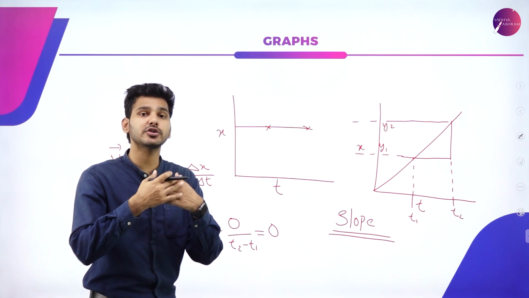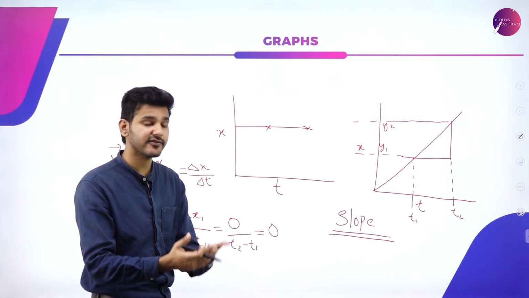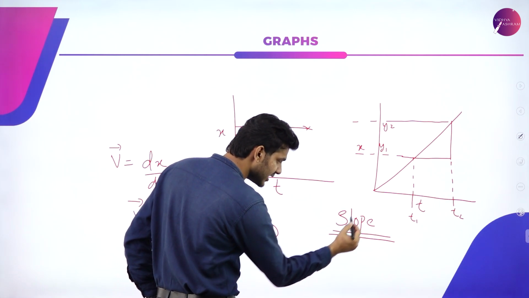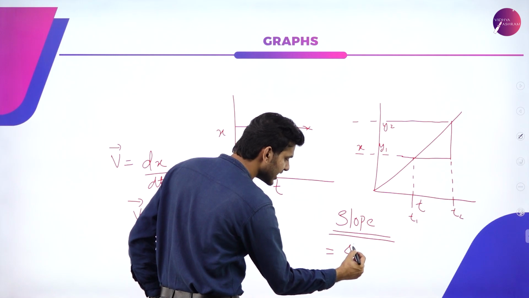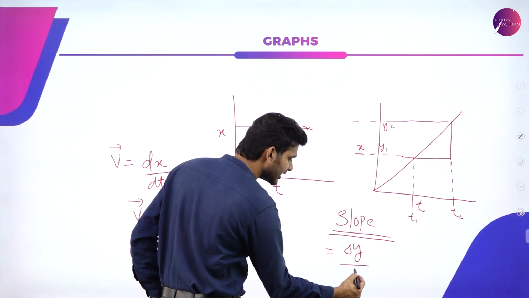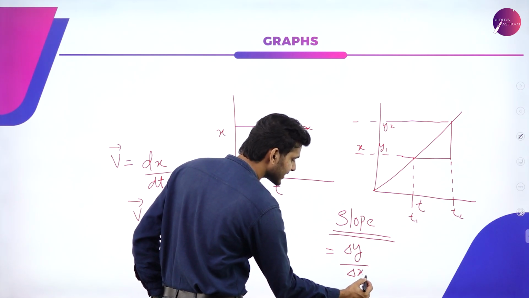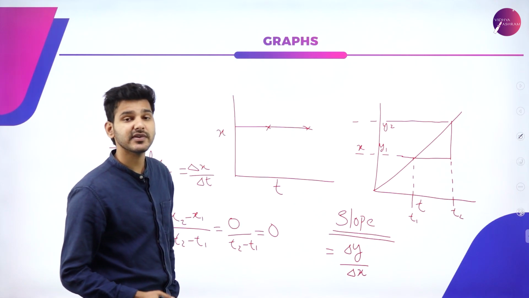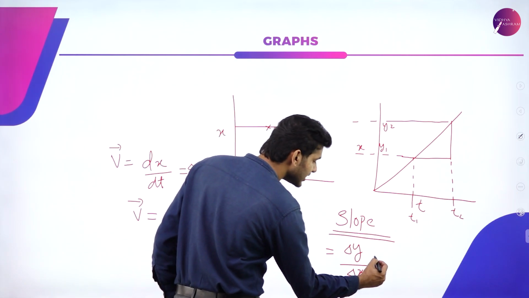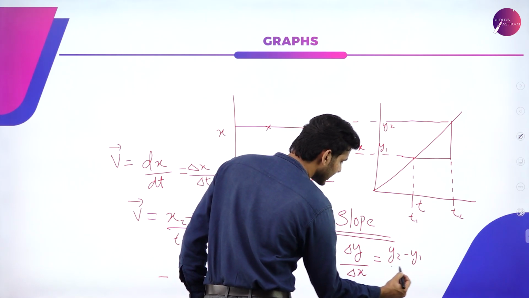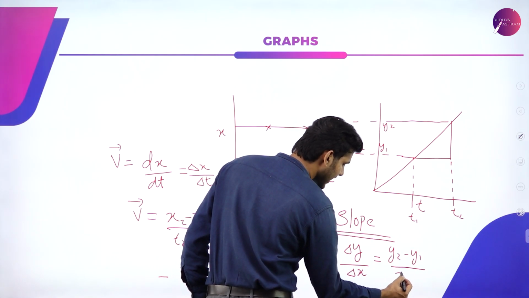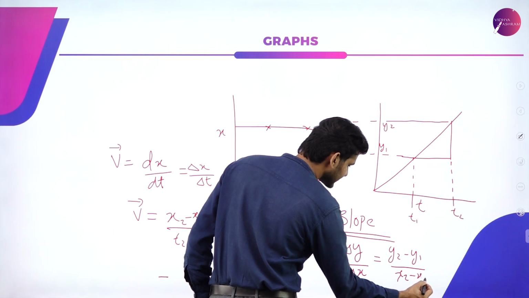Now in order to find the slope of any graph, it is very simple. Slope will be equal to change in y-axis divided by change in x-axis, or simply y2 minus y1 divided by x2 minus x1.